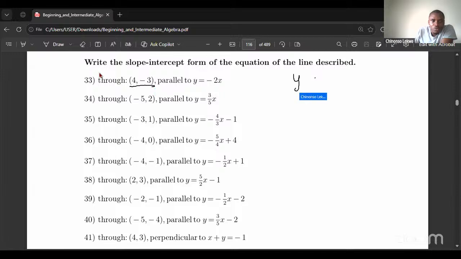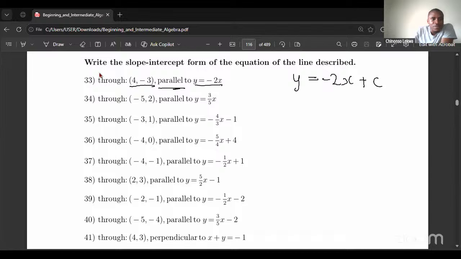So we have y is equal to -2x plus c. We want to get the value of c. Because that line is parallel to this equation, the slopes are the same.